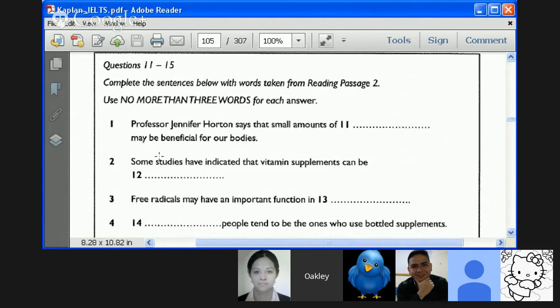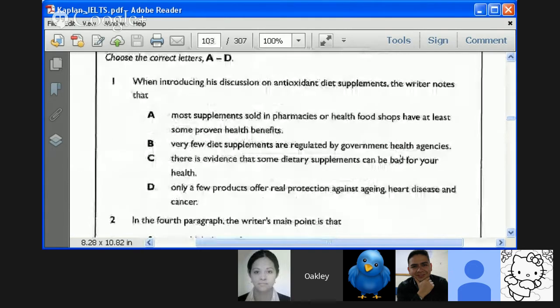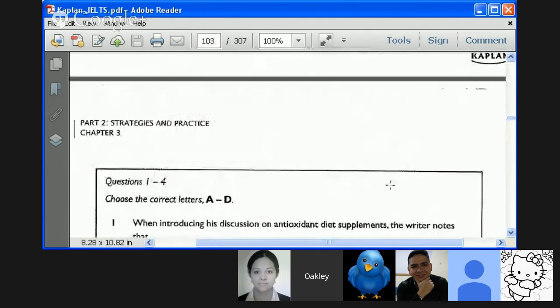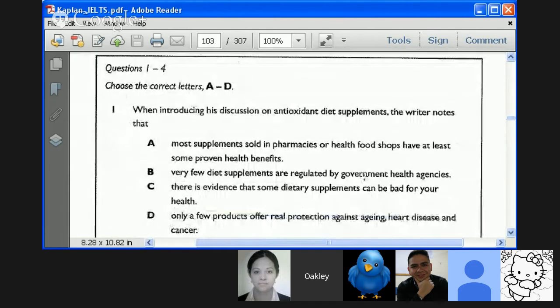I'm going to have to scan for key words or key phrases and find them in the text and pick the words out of the text to fill in the blanks. Of course, I'm doing this very quickly. When I look at all this, I realize that all my tasks are basically scanning tasks, which are going to require me to look for specific information.